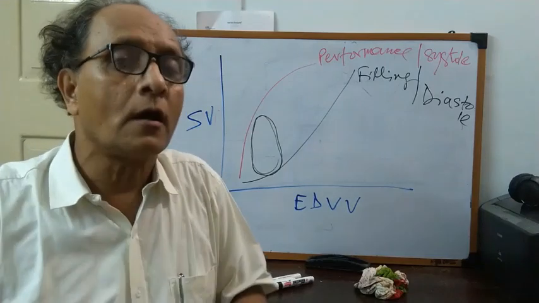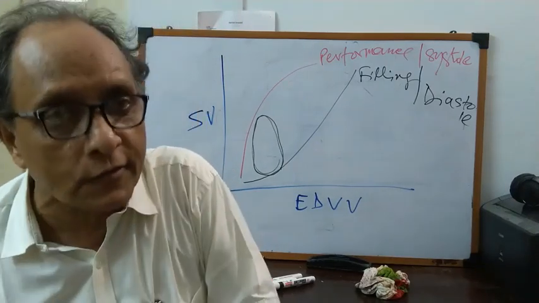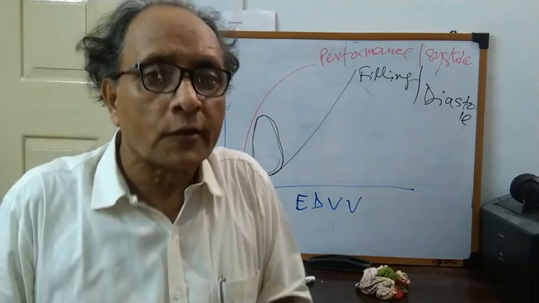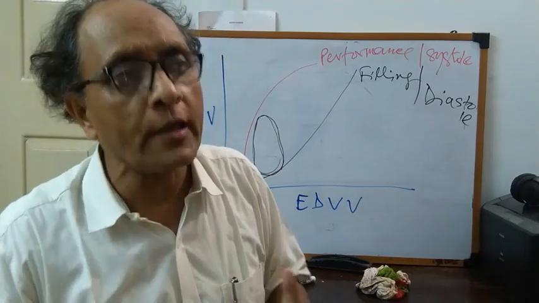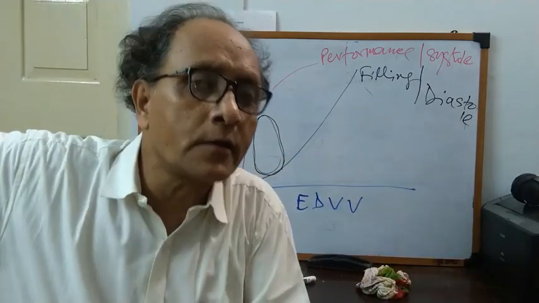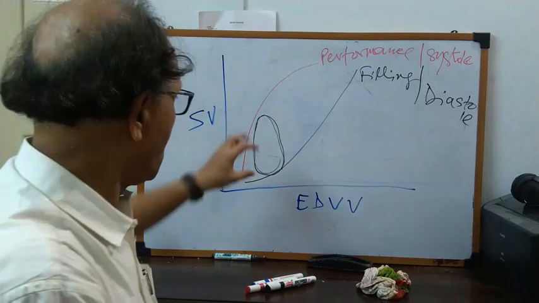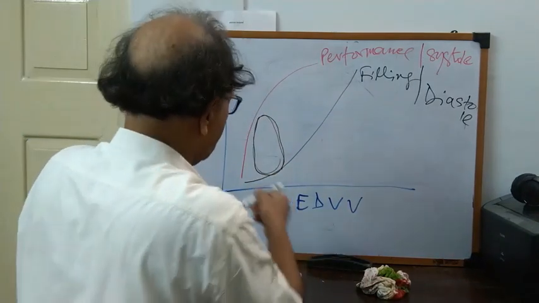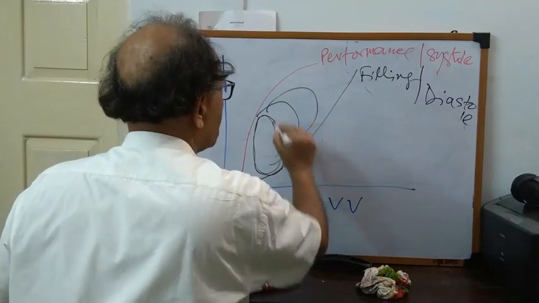As I increase my activity from resting state to walking, from walking to brisk walking, to jogging, to slow running, to fast running, the ventricular performance is increasing from here to here, to here, to here.